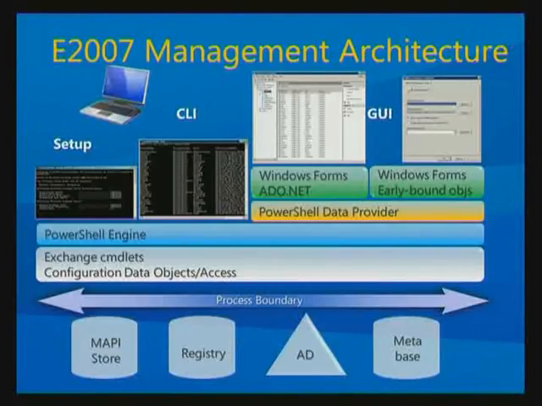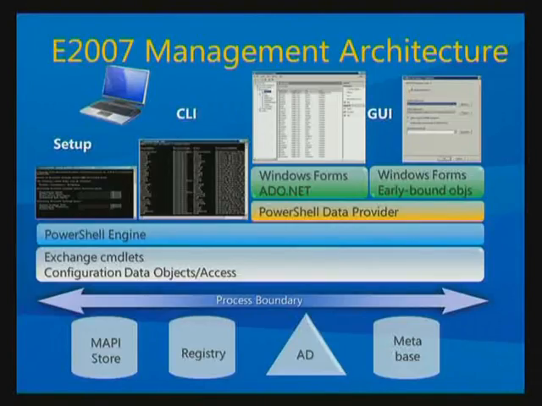Above the configuration data objects, we've got Exchange commandlets. If you've been using the system, you're familiar with all the commandlets. In my demo a few minutes ago, all these commandlets exist, written by Exchange. They give you access to the business logic associated with those objects. To use my mailbox database example, if I say new-mailboxdatabase, there's a set of constraints on how that mailbox database can be represented.